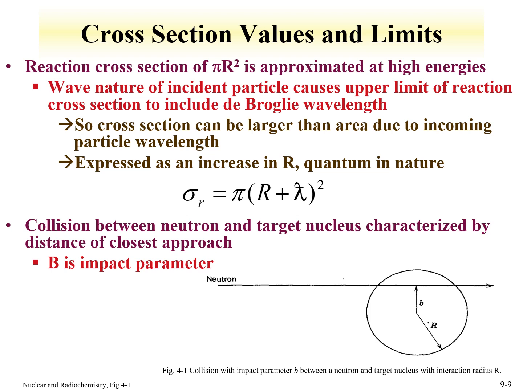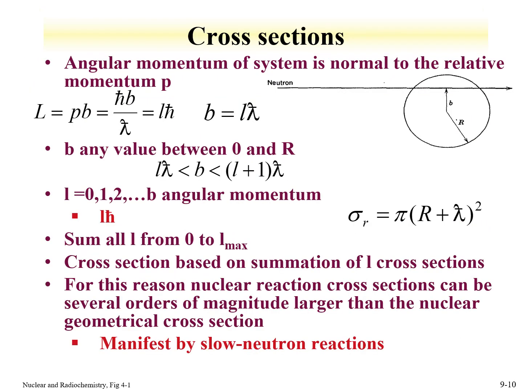So it's a term that we can evaluate and try to utilize to determine something about a reaction probability. We can evaluate the cross-section using the impact parameter and the system angular momentum along with the de Broglie wavelength, where this impact parameter can now be replaced by this quantum term, the angular momentum, and the de Broglie wavelength, the wavelength of the particle.